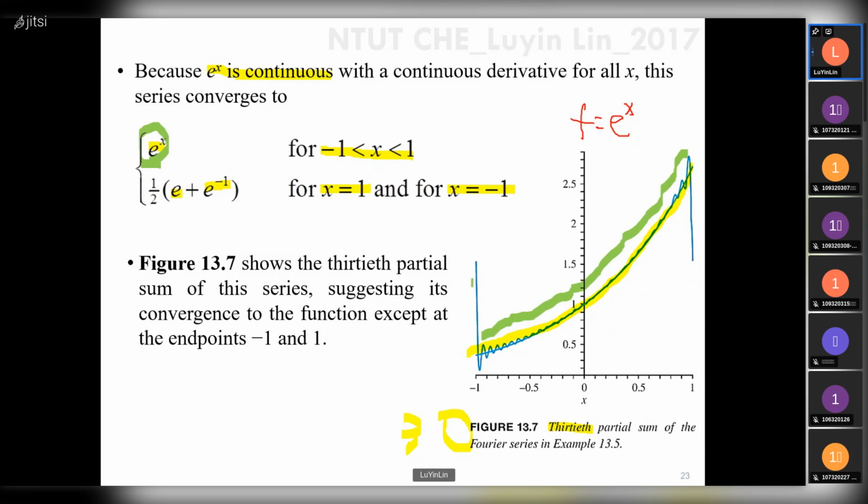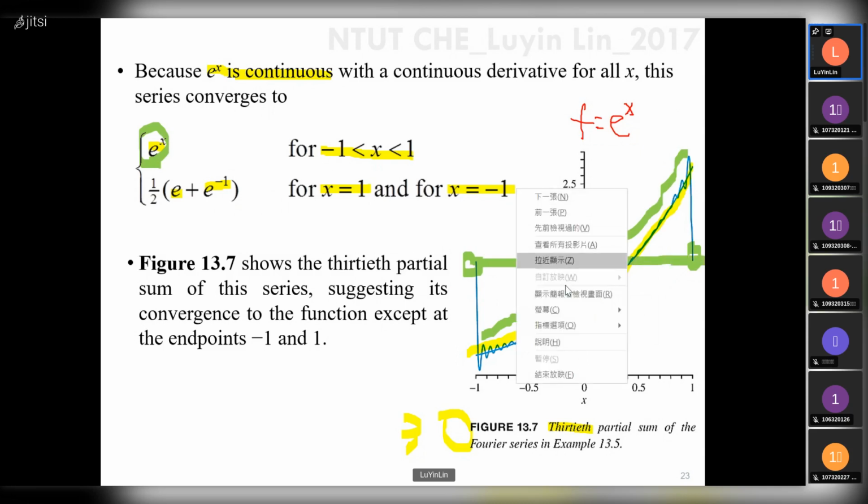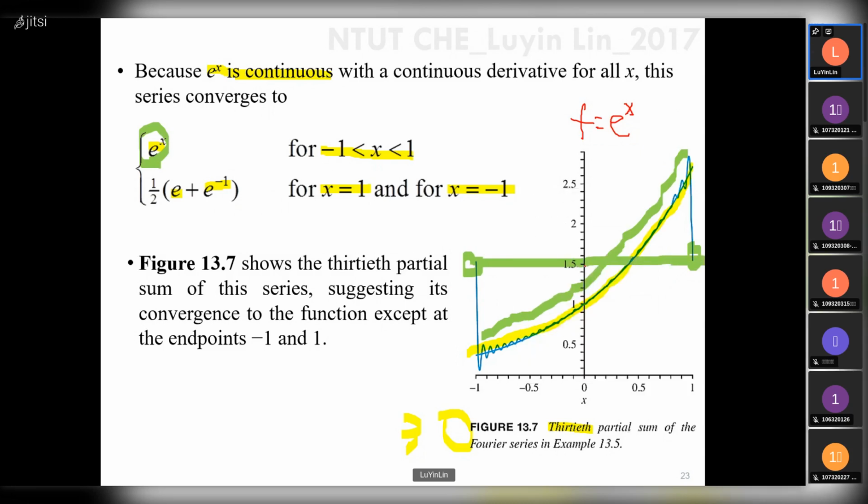But for the two ends, meaning this point and this point, the convergence is the same. You can find these two points converge to this point. So you can calculate this value, and this value will be very close to 1.5.